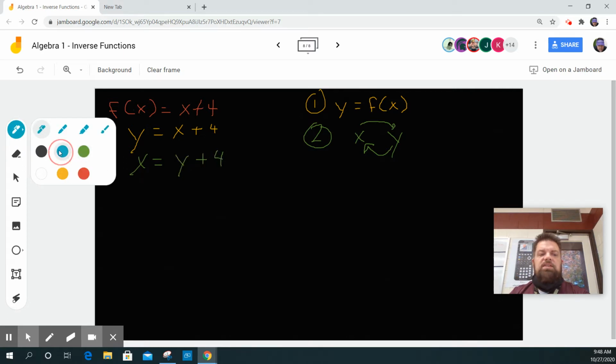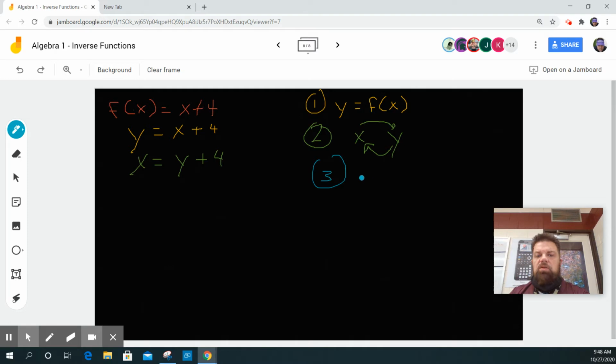Then the next step would be solve for y equals some stuff. We're going to solve for y. So I'm going to subtract 4 from both sides, and I get x minus 4 equals y.